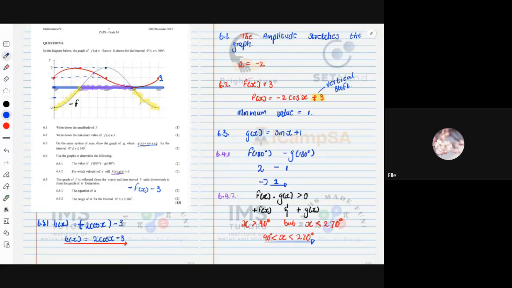Okay, the range of h. So essentially what they did, they took this graph, and then it was shifted 3 units down. So we started by flipping it. When we flip it, it was basically something like this now, and then we shifted it down 3 units.